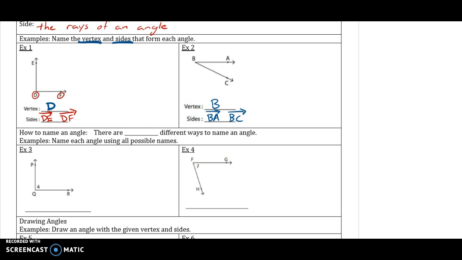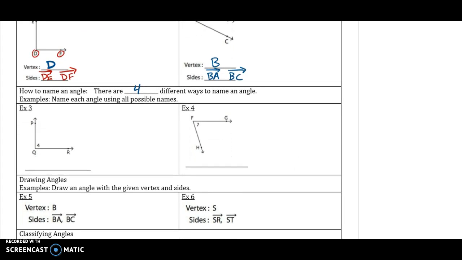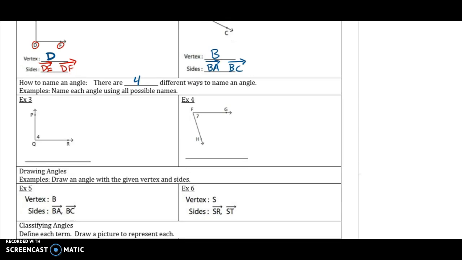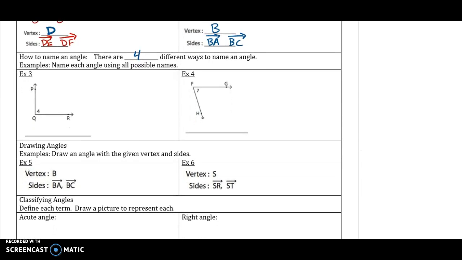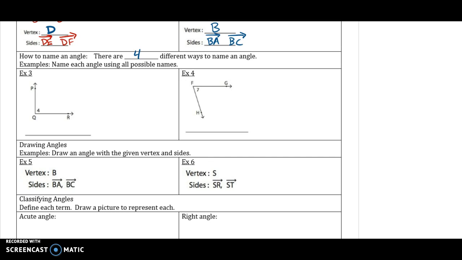Next, how to name an angle. There are 4 different ways to name an angle. Examples 3 and 4 ask us to name the angle using all possible names. So the first name is by this number.